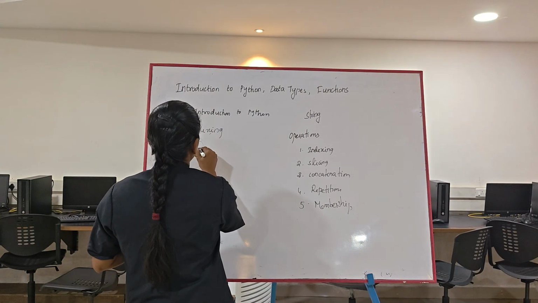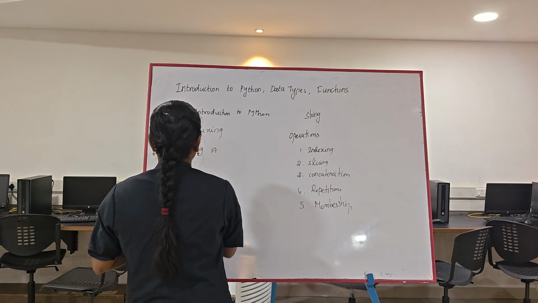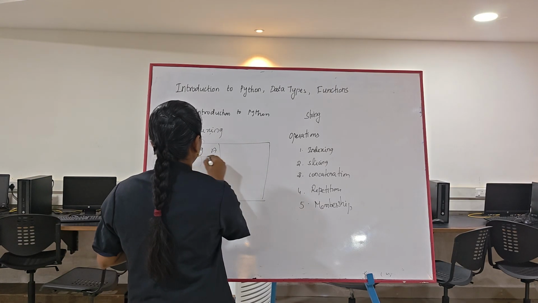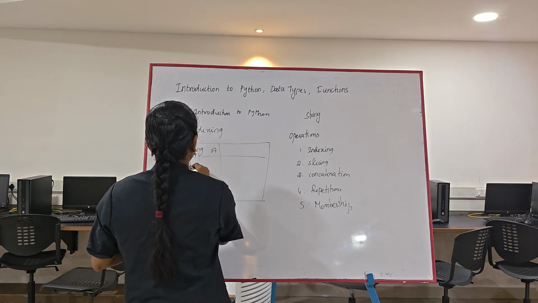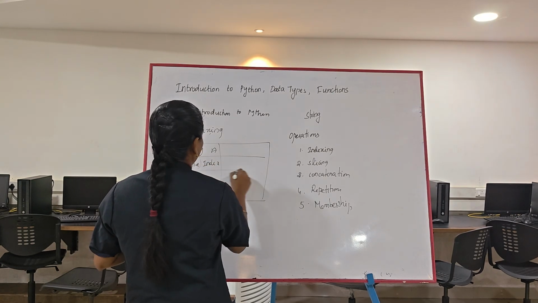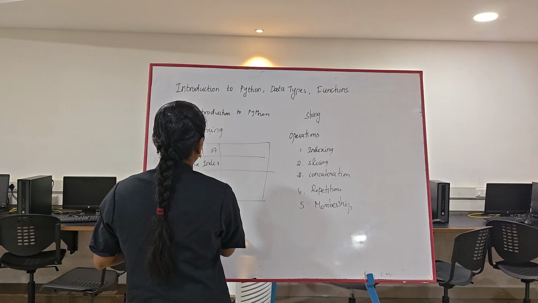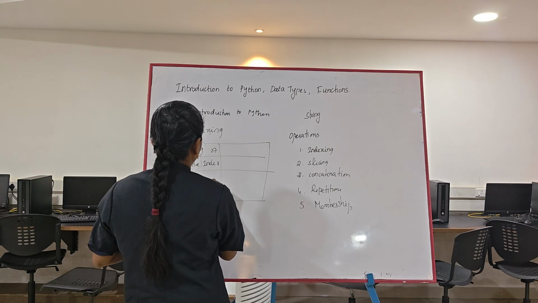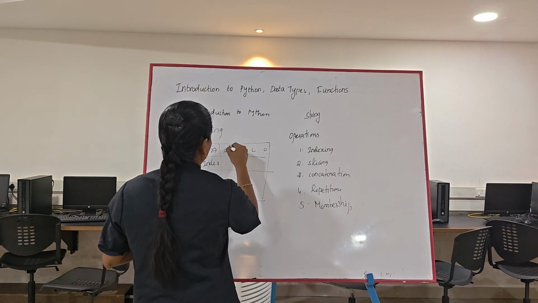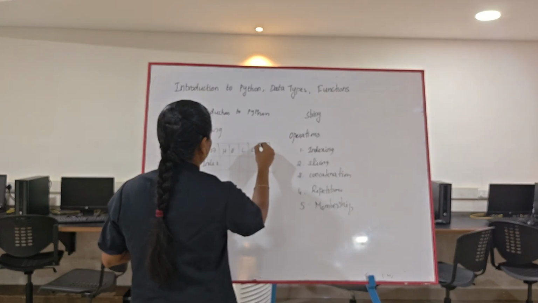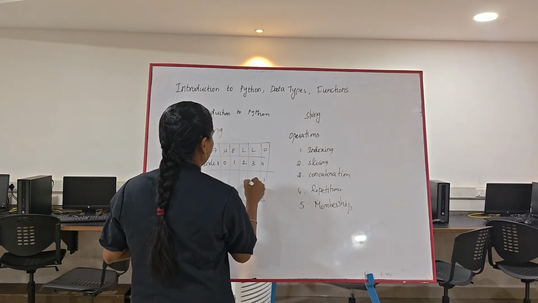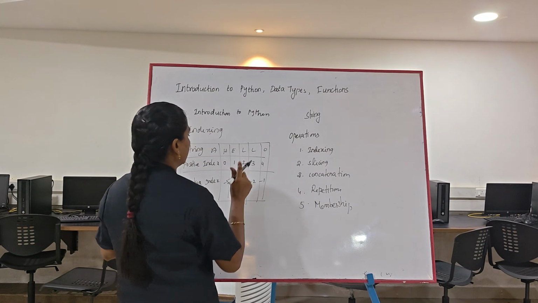So string A, positive index, negative index. A is HELLO, with positive indices 0 1 2 3 4 and negative indices minus 1 to minus 5.